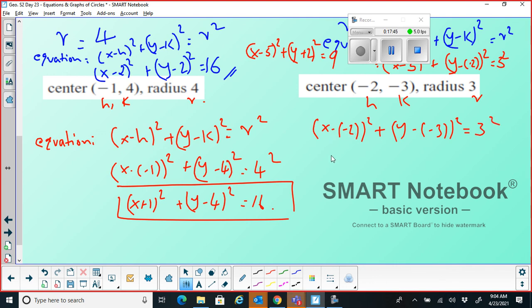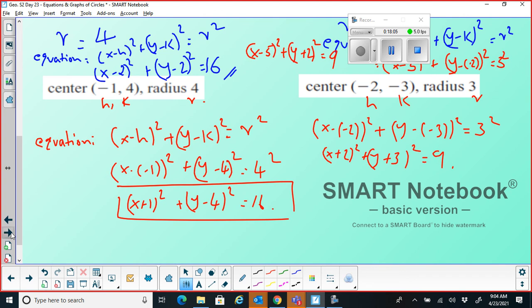Simplifying this, negative of negative becomes positive, so I'll have x plus 2 whole square plus y plus 3 whole square equals 3 square, which is 9. Okay. I hope this is clear.